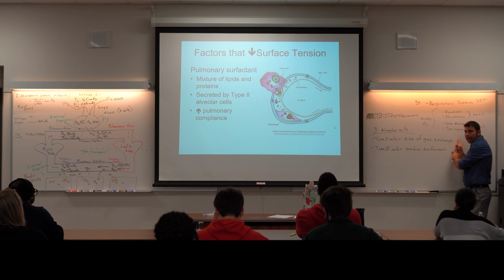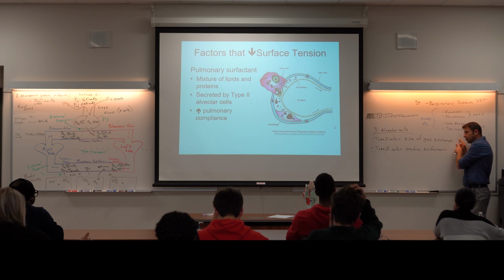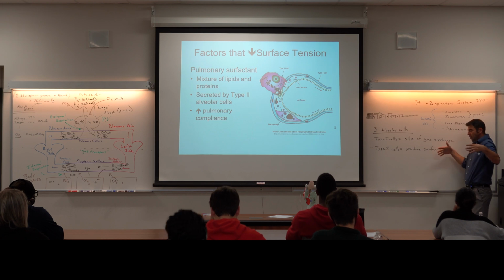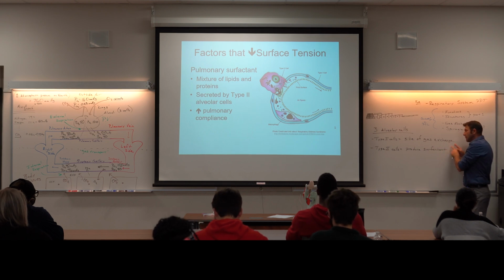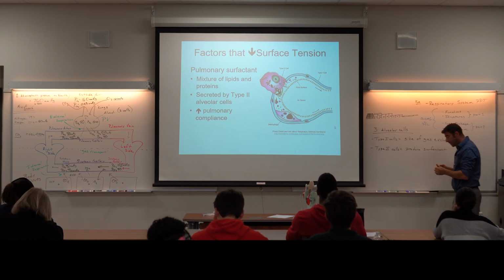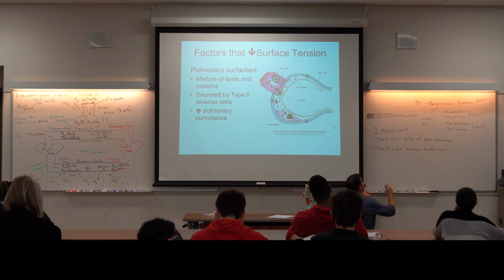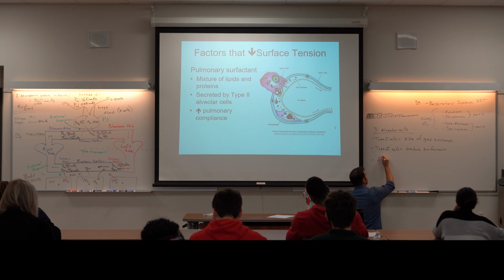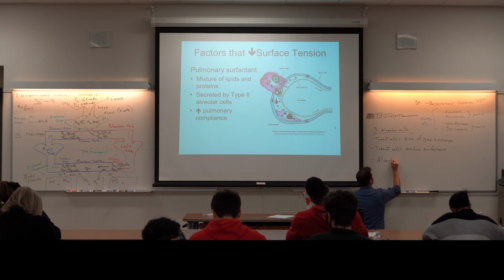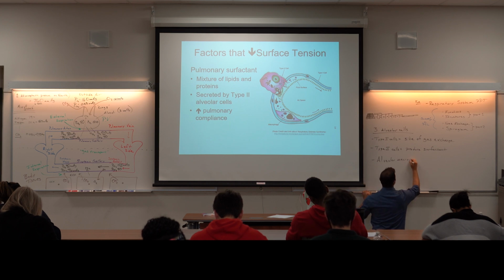These two cells go hand in hand. Type 1 cells do the gas exchange as long as there's sufficient surface area. Type 2 cells make sure there's sufficient surface area. And then the last one, you think it would be called a type 3 alveolar cell, but instead they call it an alveolar macrophage. That's right.